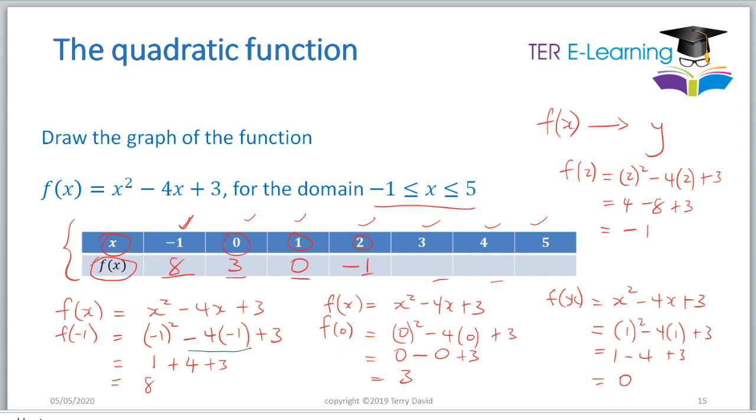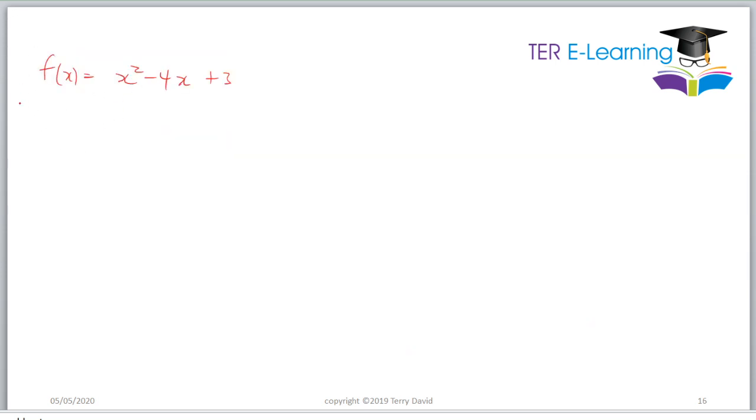And we work out f of 3. So this is going to be 3 squared minus 4 by 3 plus 3. So this gives me 3 3s are 9 minus 12 plus 3. So 9 minus 12 is minus 3, and minus 3 plus 3 gives me 0.